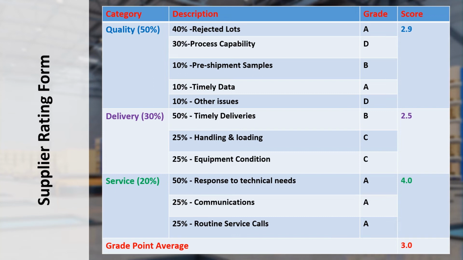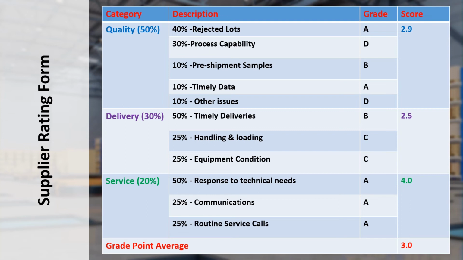If you look at the categories on which the suppliers are being rated, like quality, delivery and services, you can also see the weightage assigned to each category: 50%, 30%, 20%. When we look at the description, 40% out of the 50% is for rejected lots, 30% is the weightage for process capability, 10% for pre-shipment samples, 10% for timely data, and 10% for other issues.